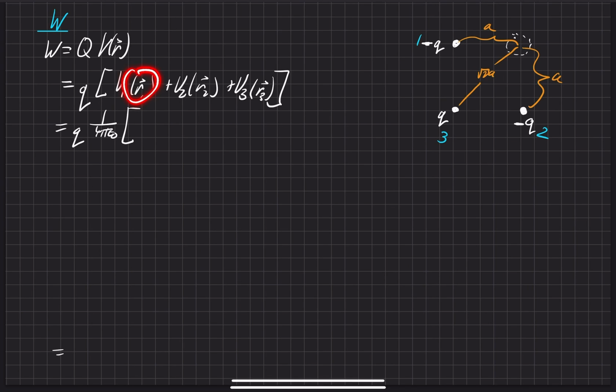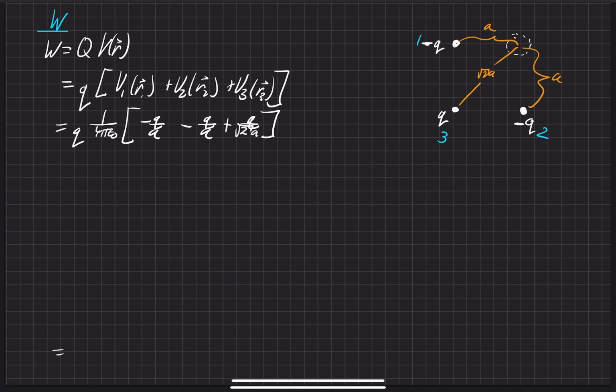So for the first one, it is negative Q and a distance A away from that point. For the second one, of course, it is also a negative Q and a distance A away over here. And lastly, for the third one, it's a distance square root of 2 times A and a magnitude of positive Q for that distance right there. And they all have Q in common, so I'll go ahead and pull that out.